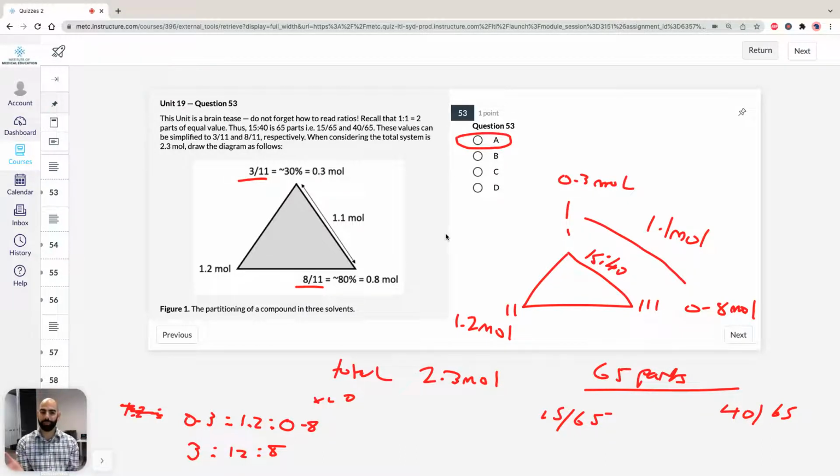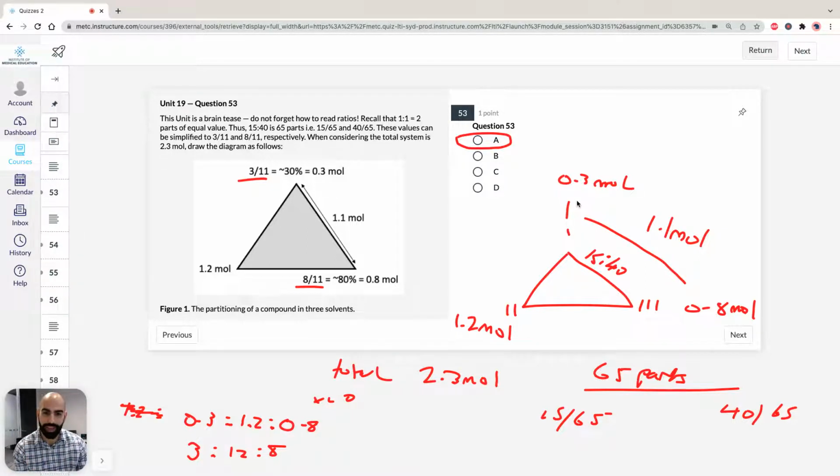But all we did was use some deductive reasoning, some simple arithmetic, ratios. I think the crux of this question, the difficult part, is understanding that 15 to 40 means there's 55 parts. 15 of the 65 is for 1, 40 of the 65 is for 3, which means, ACER purposefully did this.